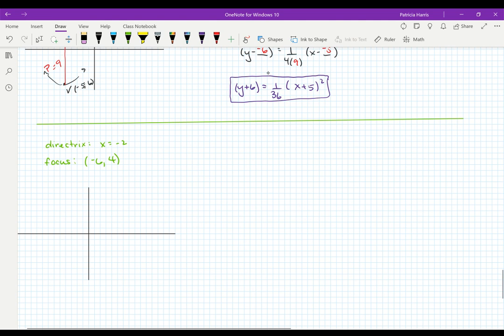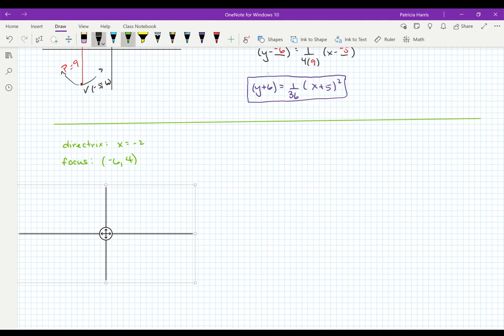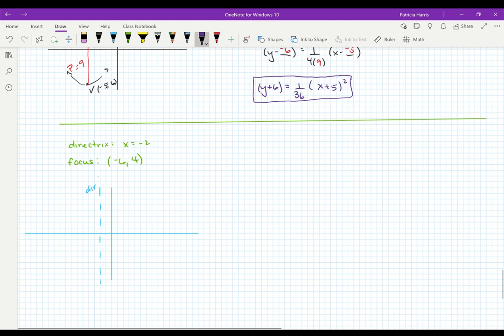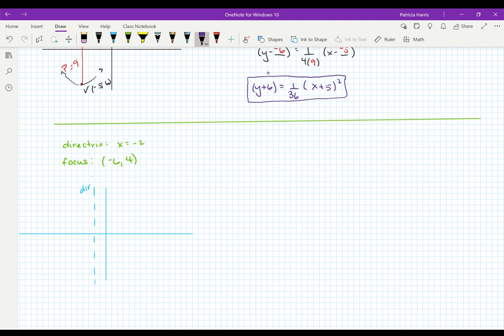So the directrix is x equals negative 2. That would be right here. The focus is at negative 6, positive 4. Let's just count negative 6, 4. There's your focus.